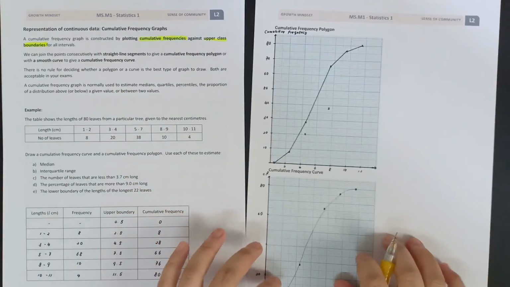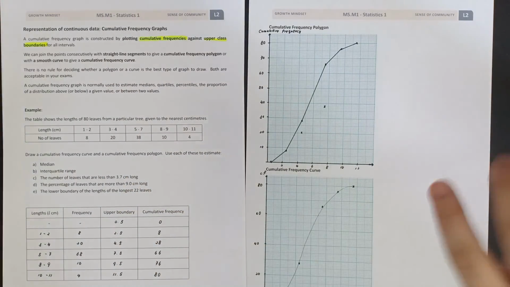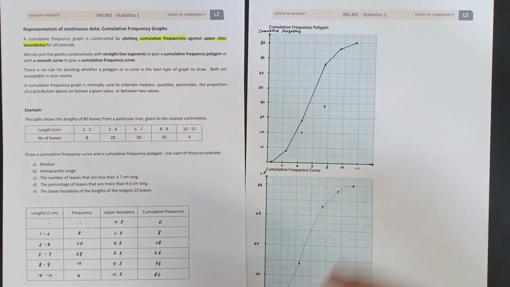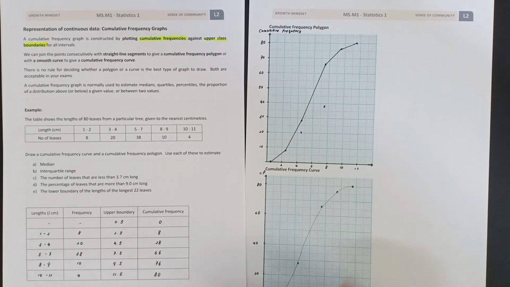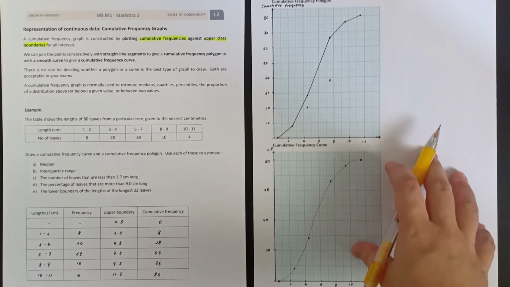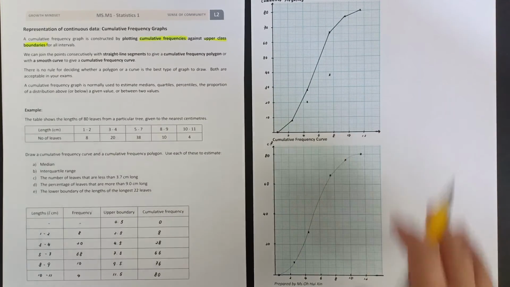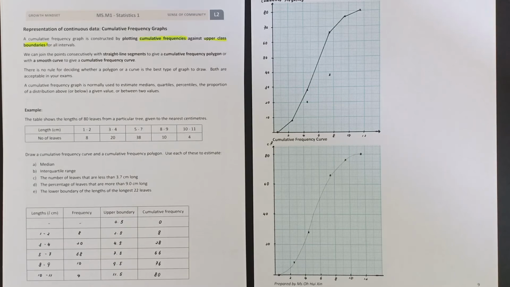Okay, so this is how you draw a curve. Is that alright? Yeah, so you can turn your paper around if you feel it's very hard for you to draw. So this is basically a smooth curve. So this is called cumulative frequency curve. So the first one, cumulative frequency polygon. Second one is curve. So it's the same thing, but one you are using a curve, the other one you are using a polygon.